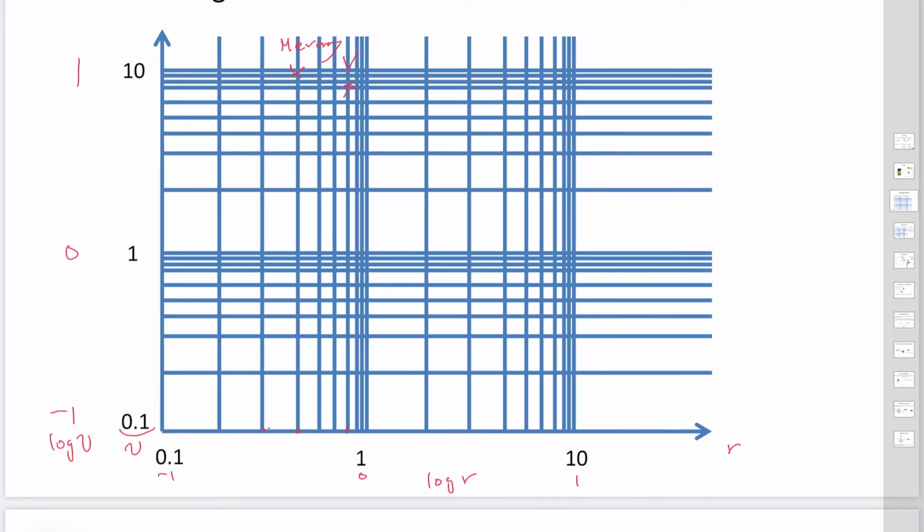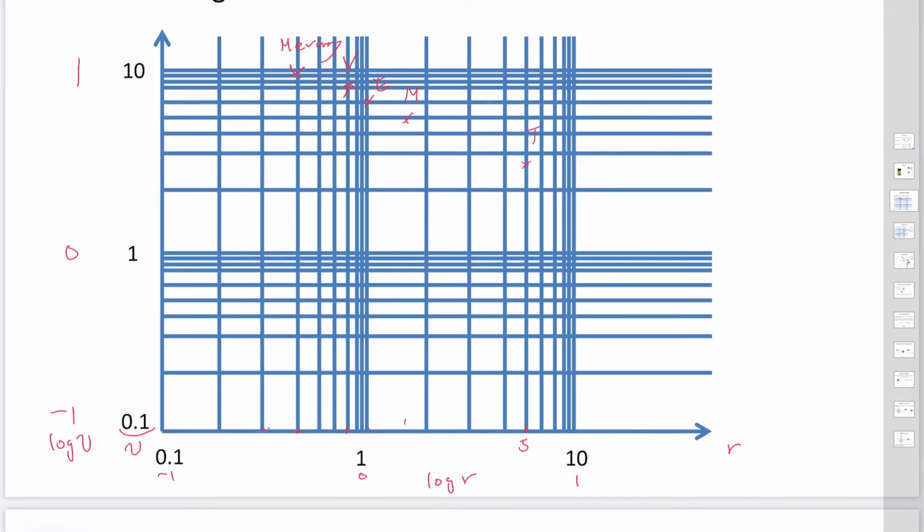The Earth is at 1 AU, and it becomes 6.3. This is the position of the Earth. And Mars is 1.5 and 5. This is Mars. Jupiter is 5 and 2.7.